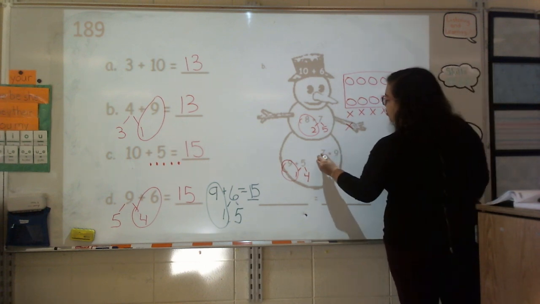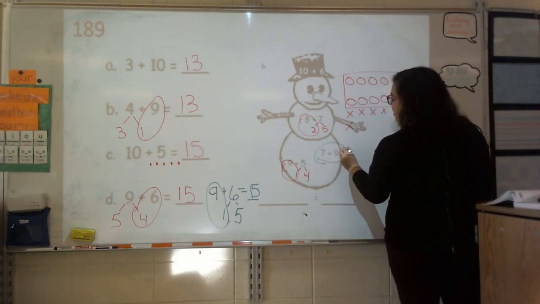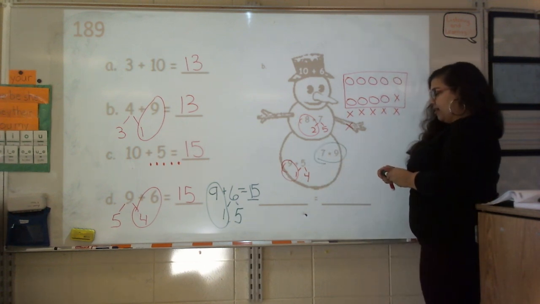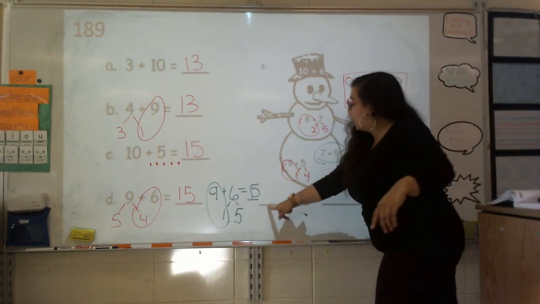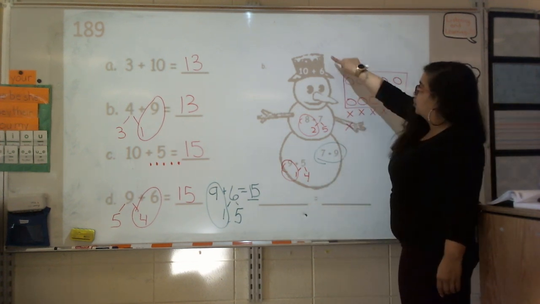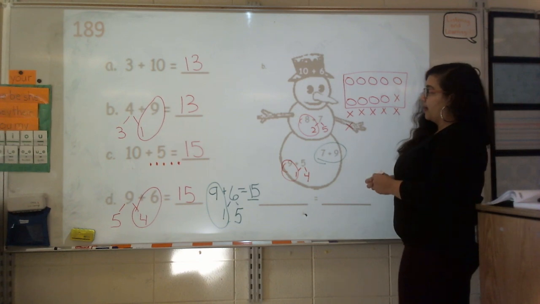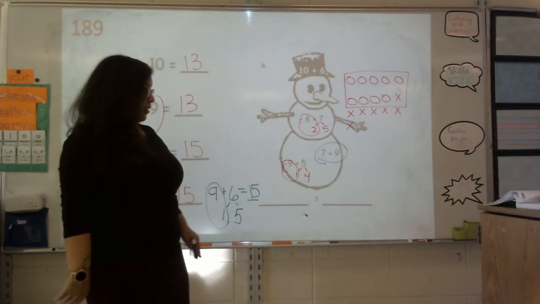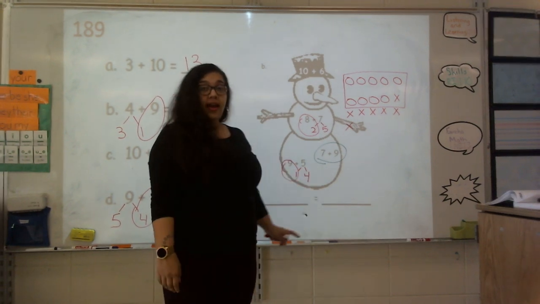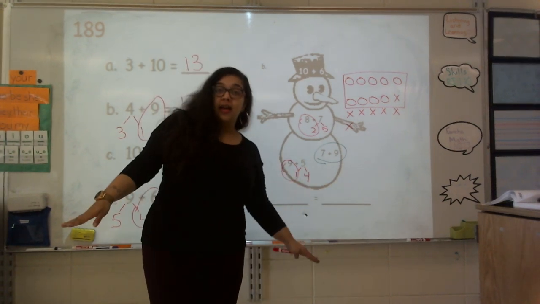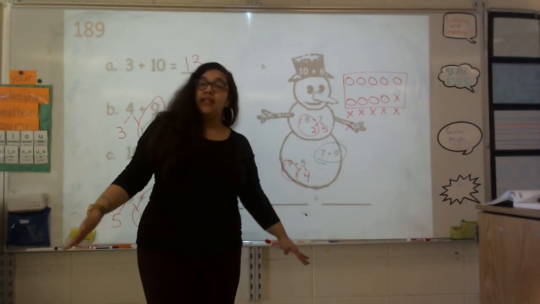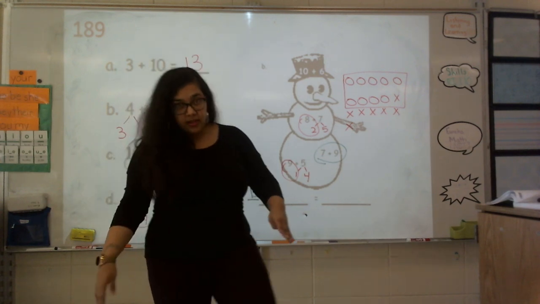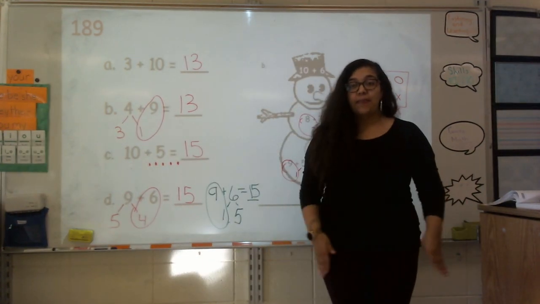So we get to circle it, color it in if you can, and we're going to write one number sentence to match the hat and the body. Remember, number sentences are read like regular sentences, from left to right, and your equal sign should be treated as a balance to represent that whatever's happening on the left is the same as what's happening on the right.